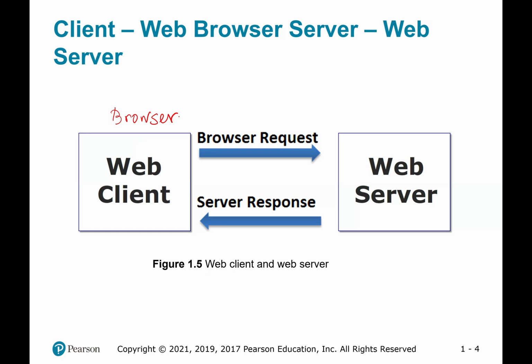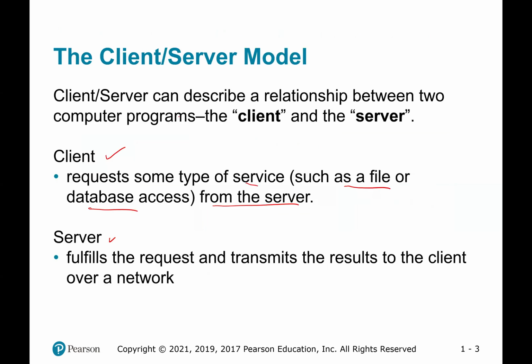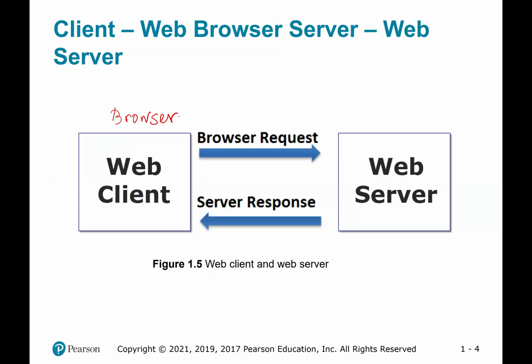We have already shown you that our laptops or mobile phones or personal computers are client devices. And on the client devices, we run client software, which is a web browser. You have different kinds of browsers, Chrome or Edge or Firefox.